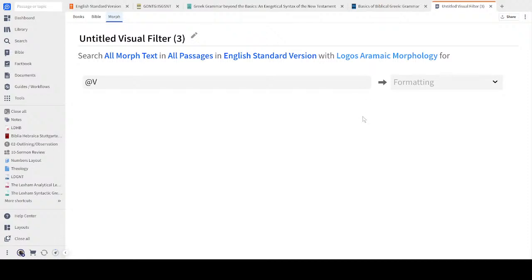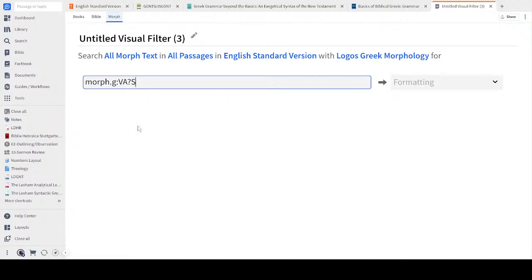I don't know Greek. There we go. So I want to go in the subjunctive mood, and I'm going to click on the aorist tense.